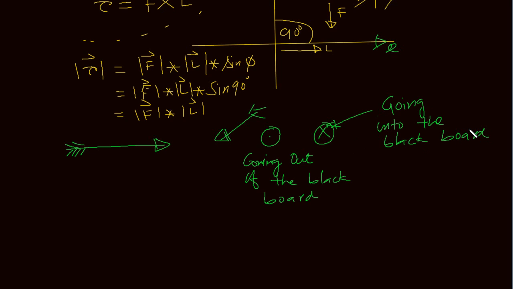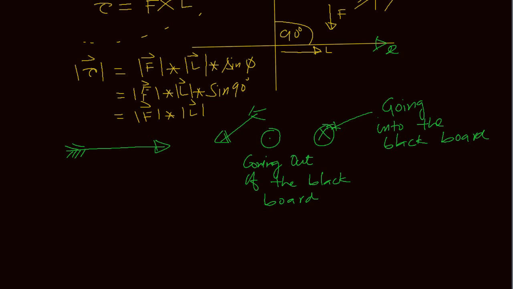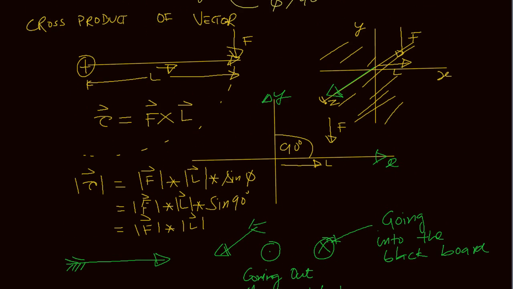So the concept for you to remember here, very important, is that in cross product you get a vector out, and torque is a vector. This is the magnitude of that vector, and the direction is perpendicular to the plane of the two vectors.